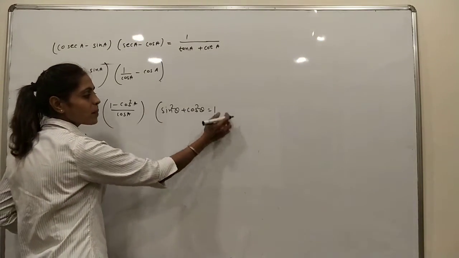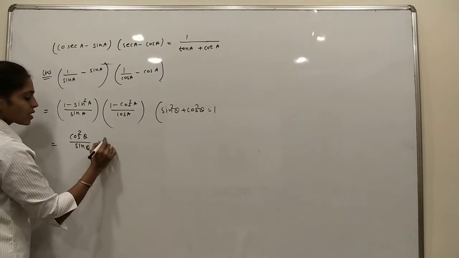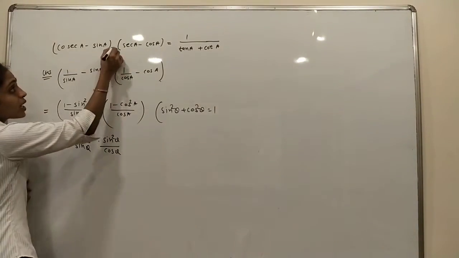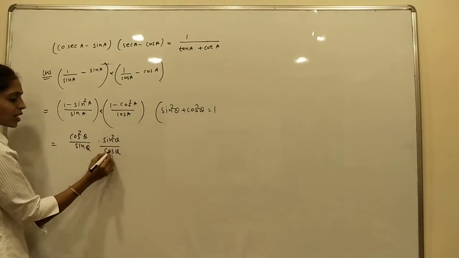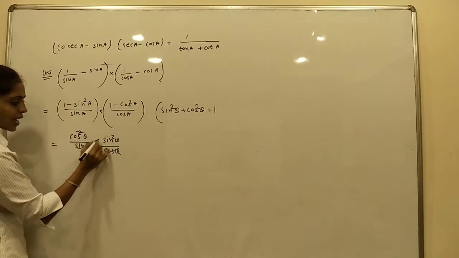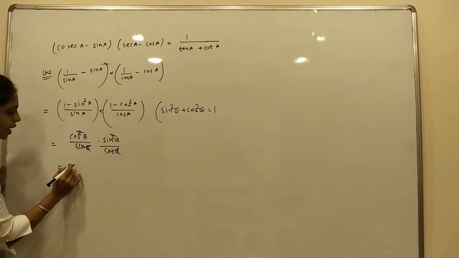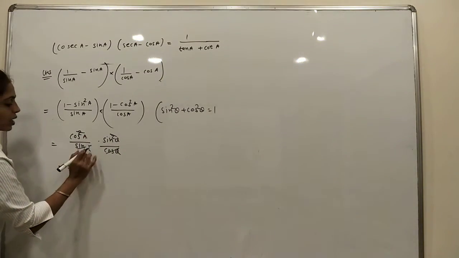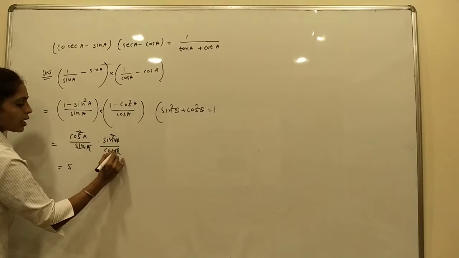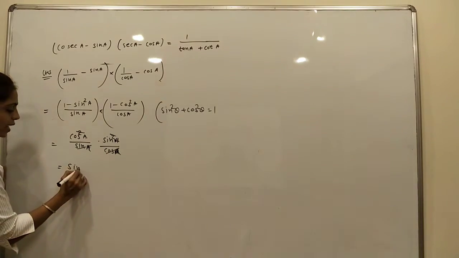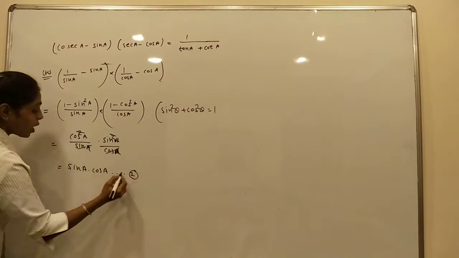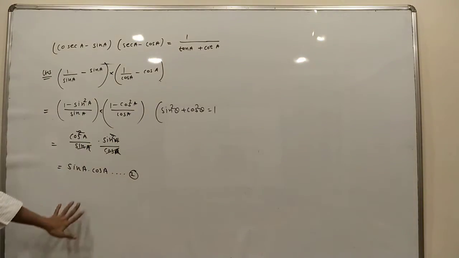That is sin square theta upon cos theta. Now they are in multiplication, so cos and cos cut, sin and sin cut. So in the numerator sin A into cos A is left, sorry, in the numerator sin A into cos A is left, number 1. That is the simplification of LHS.